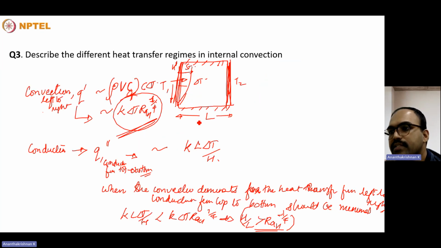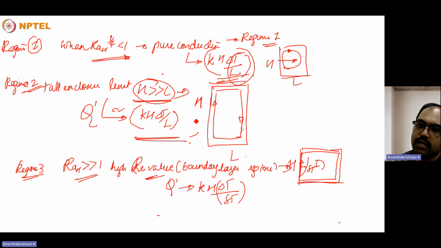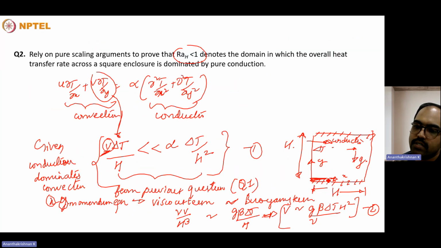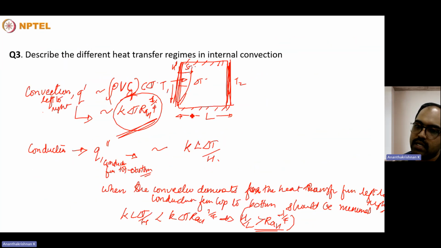And the third one is the discussion on the heat transfer regimes in internal convection. The first one is pure conduction, where the heat transfer rate will be scaled based on the total length L, just like the previous case. It was a square enclosure, that's why we have taken H, but it's a rectangular dimension, so it will be this dimension for pure conduction.